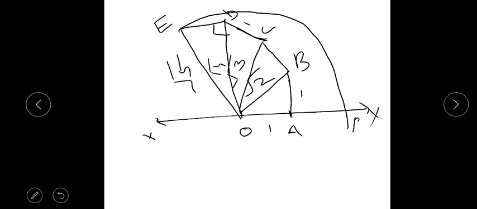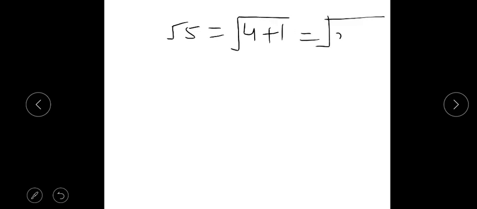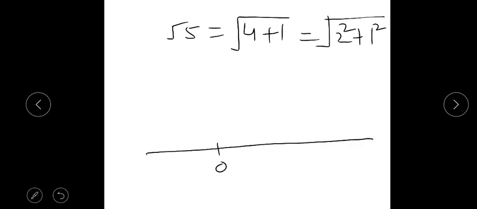If you want to draw root 5 directly, we know that root 5 could be written as under root 4 plus 1, right? So this could be written as 2 square plus 1 square. Now draw a line, mark points 0, 1, 2, 3. So this is our number line XY.